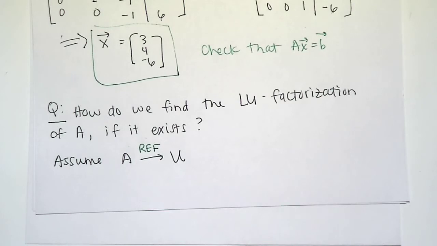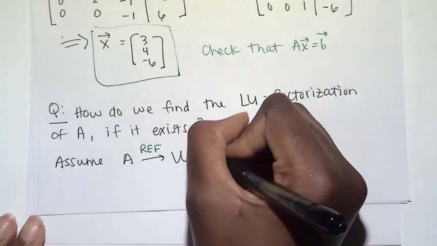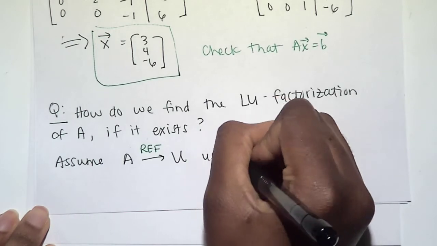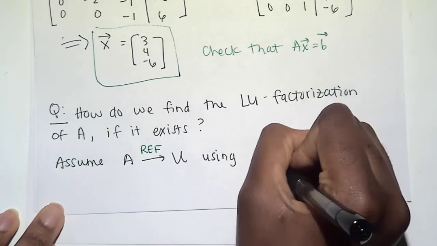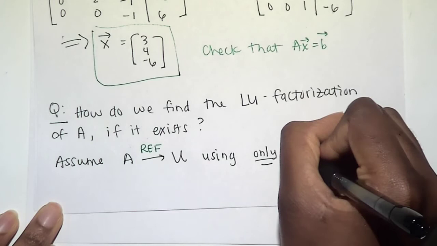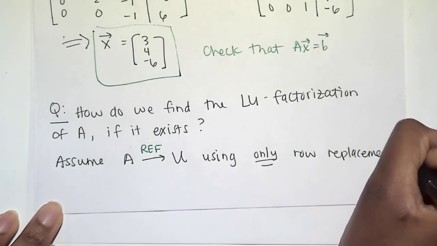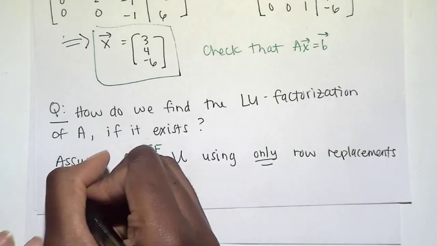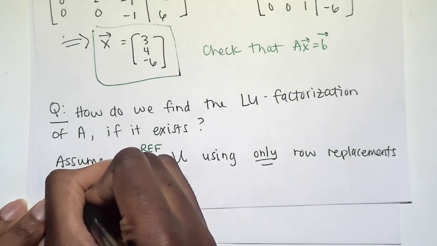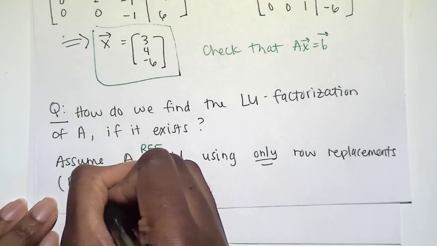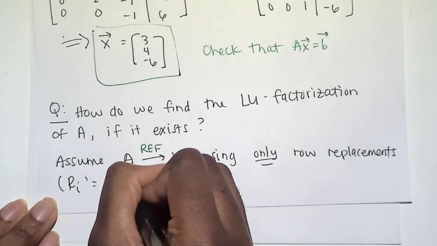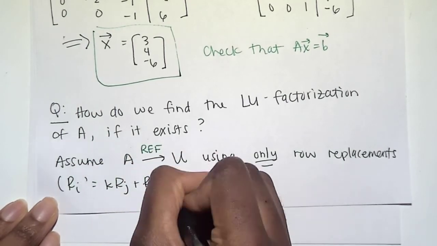And the way we're going to do it is very, very particular. All right, the way we're going to row reduce it is only with one type of row operation. So we're going to do this using only, this is the only one, row replacements. Meaning updating Ri by multiplying some scalar times Rj and adding it to Ri.